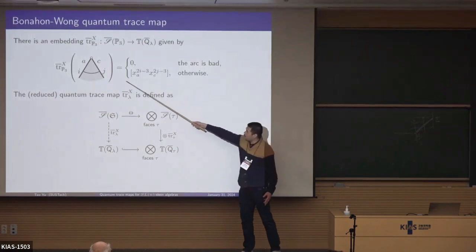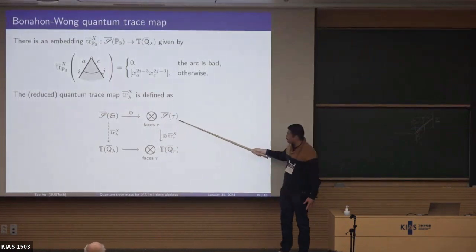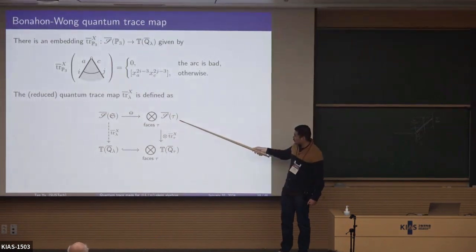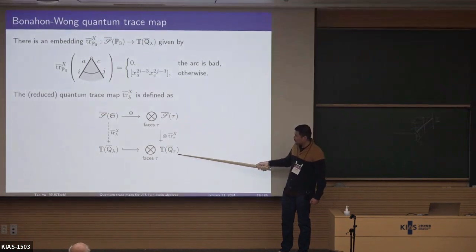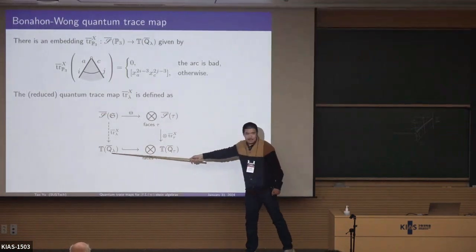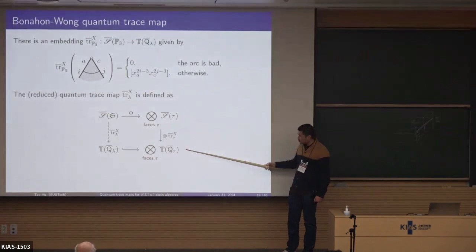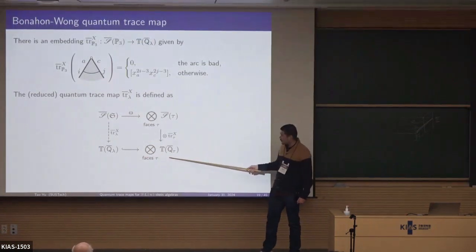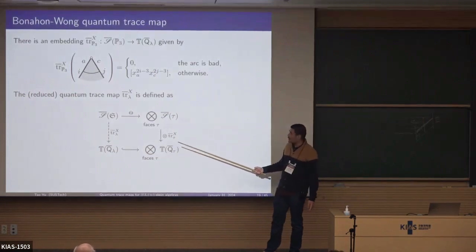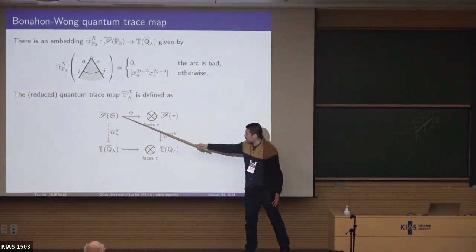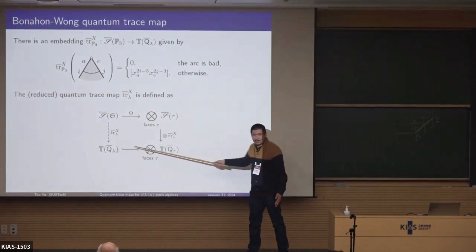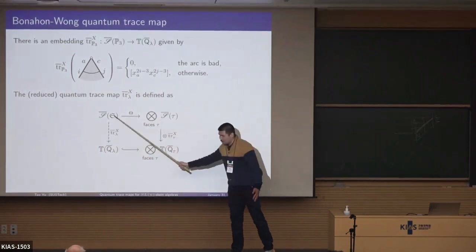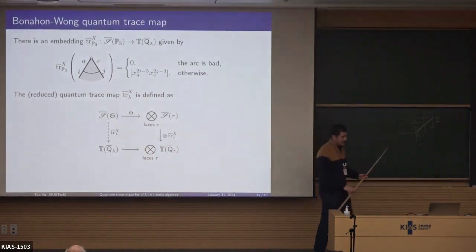And then we use this specific formula to go from this reduced skein algebra of a triangle to this quantum torus of a single triangle. This is the map that we talked about before. This quantum torus cuts into these little pieces, and it's not too difficult to show that the composition lands in the image of this, so you lift back up to a map like this, and this is the quantum trace map.